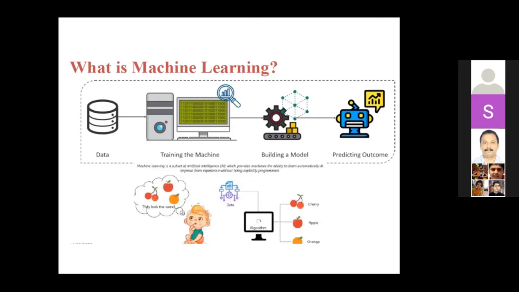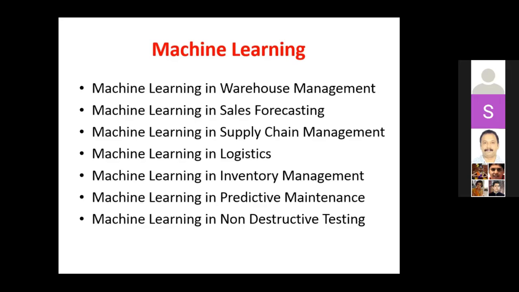This need not be told to you, that is already understood by you. Machine learning is going to open a lot of research areas. There is one slide which is giving you that information.